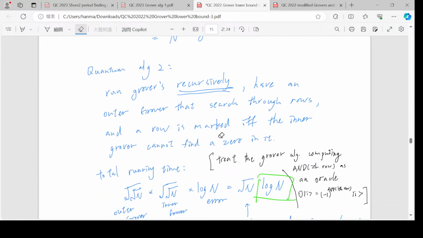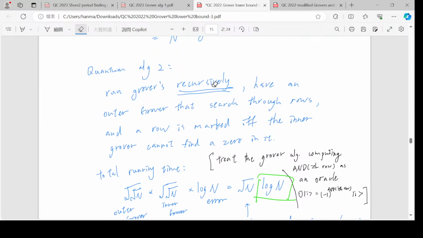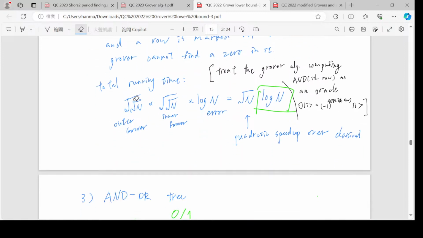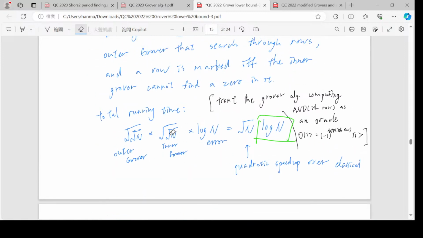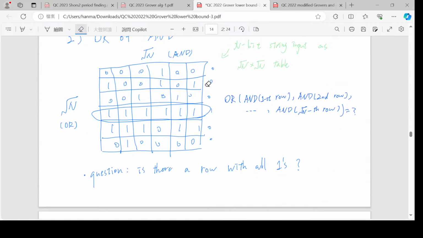When you think of it this way, then you have this recursive Grover algorithm. And so the inner Grover algorithm, as we say, will run about square root of square root n time. That's how much time you need to calculate one of these outputs.